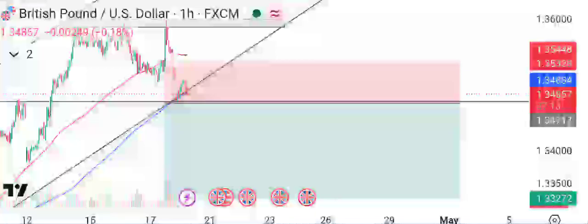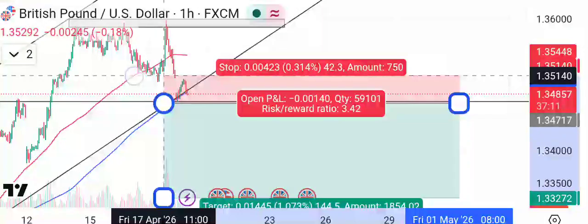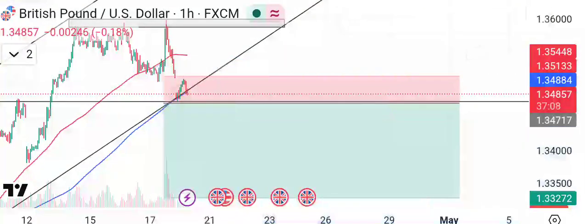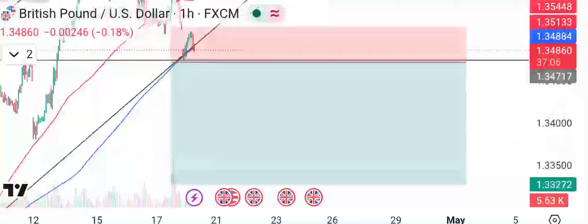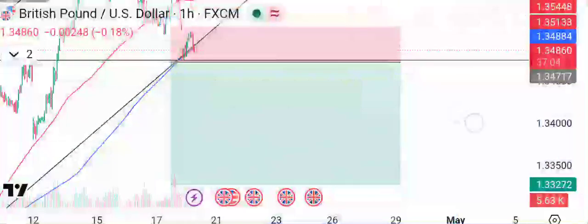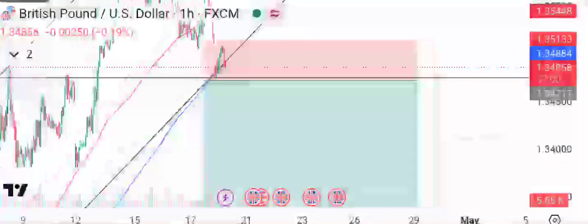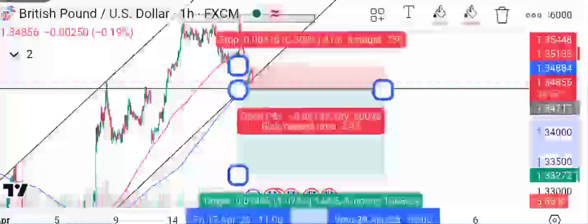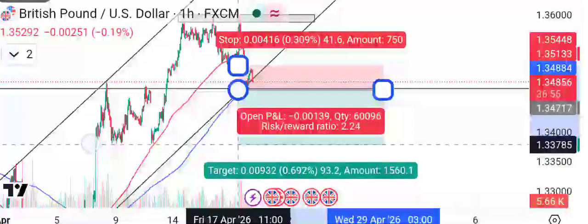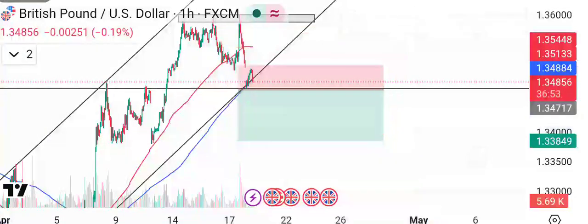Then my stop will lie above this top here. Because if price should take out this low here, that will be where my stop loss will lie, above that top. Then I target this low here, 1:2. This is it.